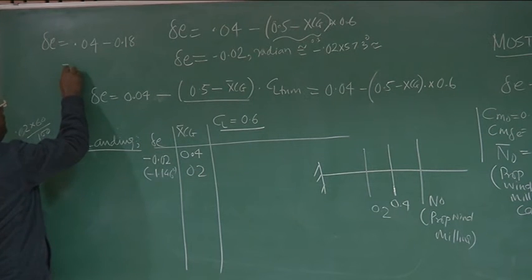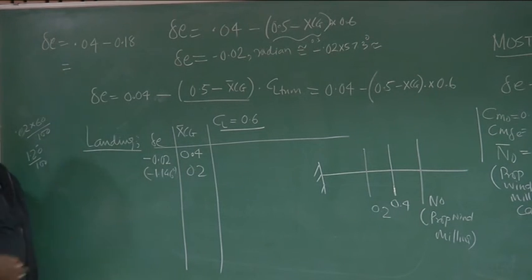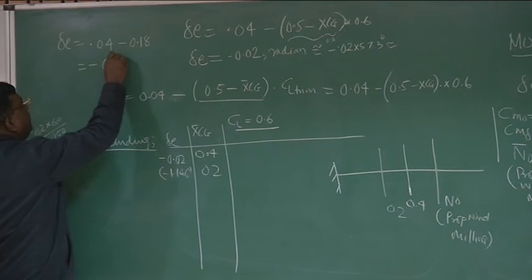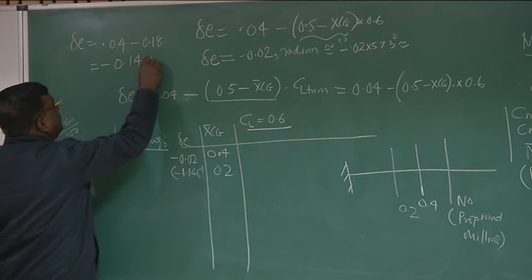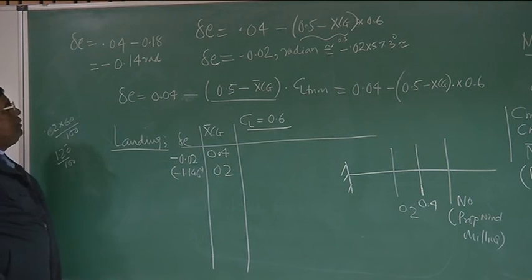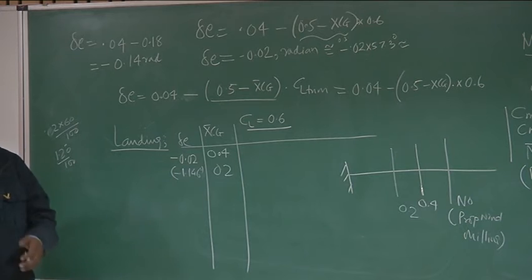So I get 0.04 minus 0.18, which is minus 0.14 radian. What is 0.14 radian?